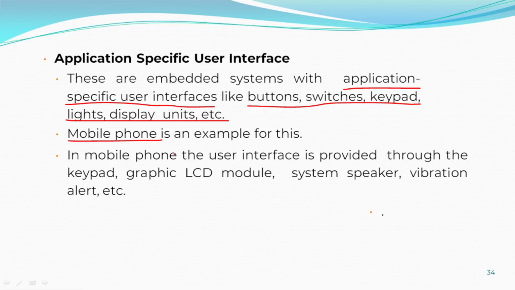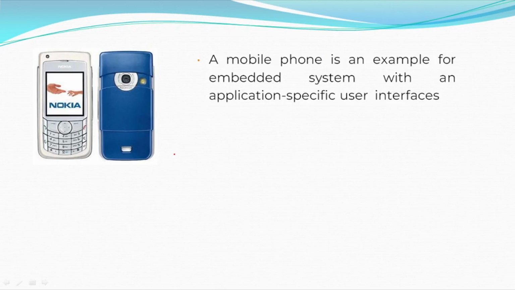If you notice them, they have a narrow range of functions, maybe making a call, very simple games, or maybe a message. Yes, all these are possible. But smartphones, which we use nowadays, are capable of performing almost all the functions that you can do in a computer. So smartphones will never come under embedded systems, but the old versions of mobile phones can be easily included under embedded systems, something like this.